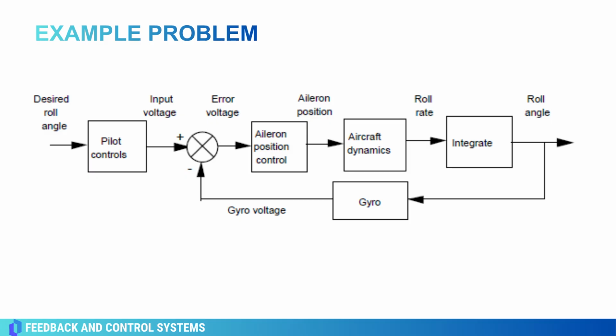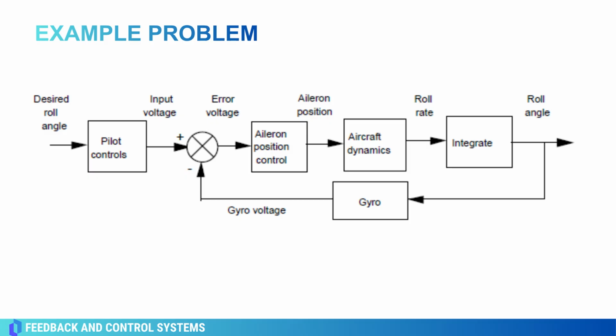As we analyze the input, it is the desired roll angle, which indicates how much the aircraft should tilt. The input transducer is the control stick sensor, potentiometer, encoder, or the digital command interface, which converts the desired roll angle command into an electrical or digital signal.